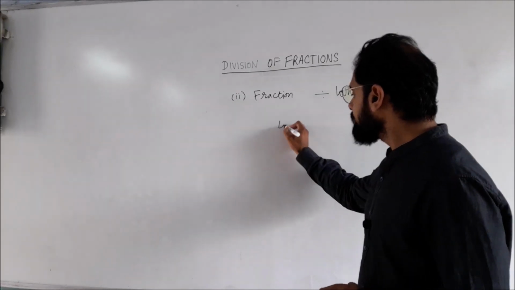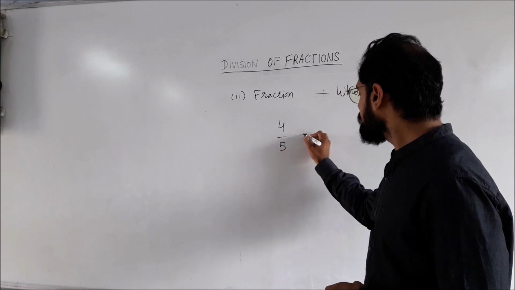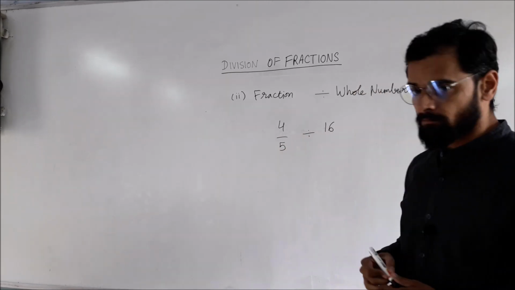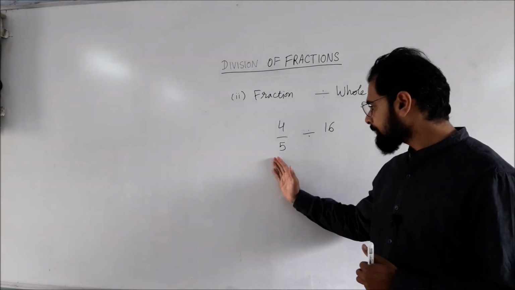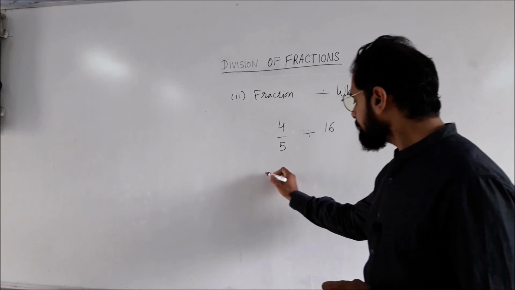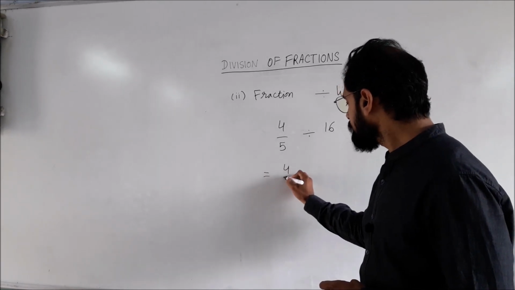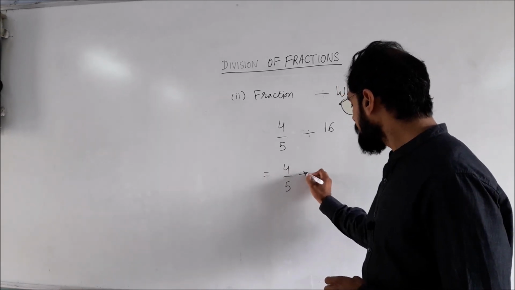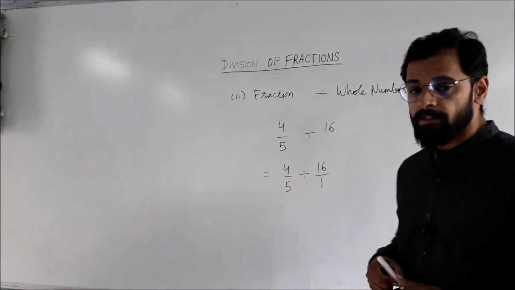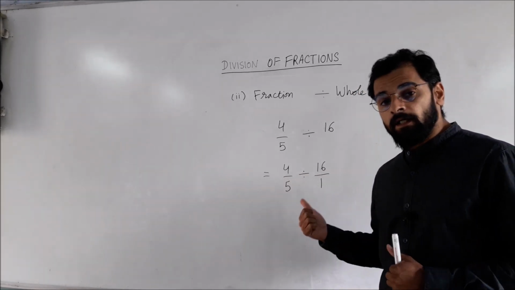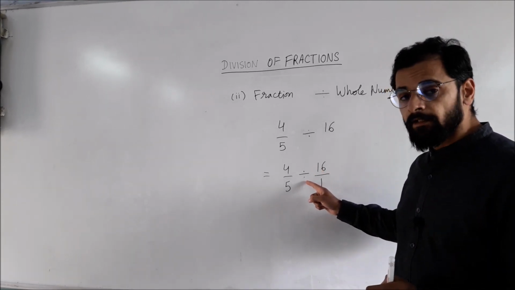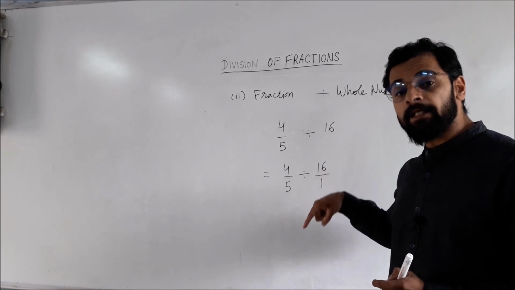Suppose I want to divide 4 over 5 with the whole number 16. My first step remains the same. I will change both the numbers into fractional form. Here 16 will be written as 16 over 1. Now please make sure that while doing this step you are not changing the sign. The sign will be changed in the next step.